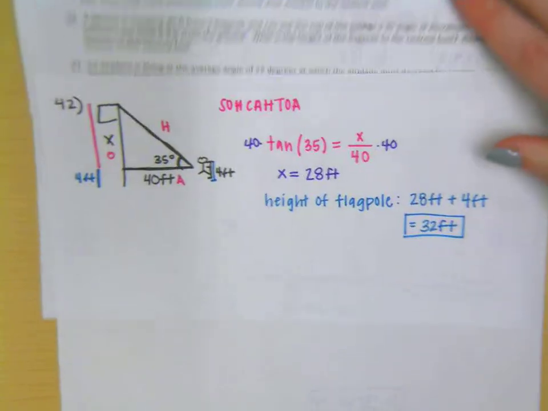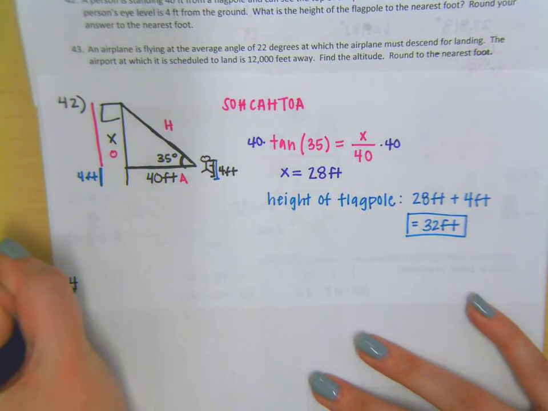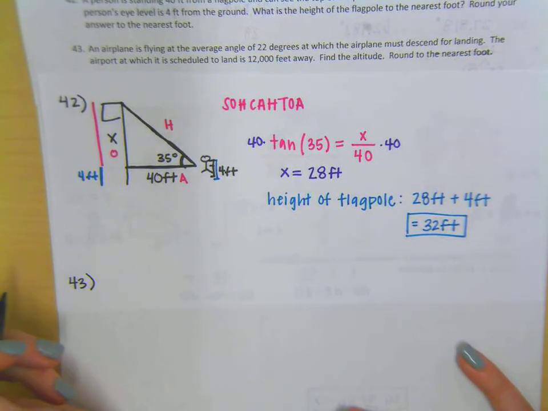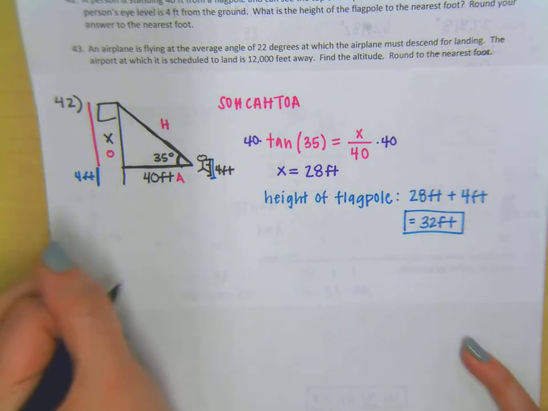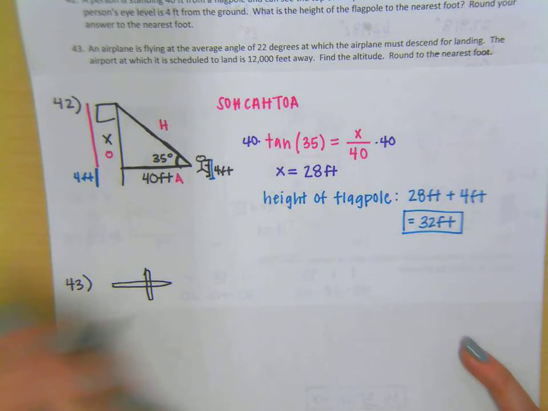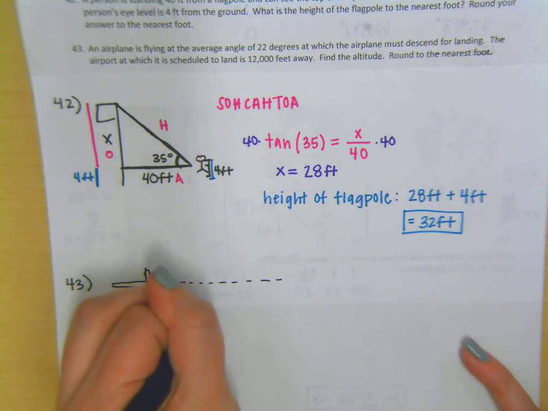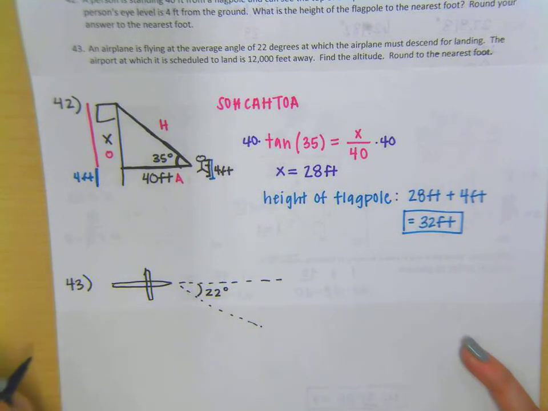Alright, and the last one we're going to look at is 43, where it says an airplane is flying at the average angle of 22 degrees at which the airplane must descend for landing. Alright, so the airplane here, let's draw an airplane. Alright, and it continues going straight, but then it's going to descend at 22 degrees.